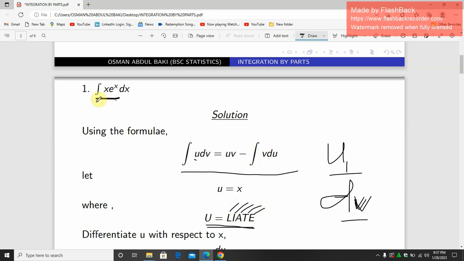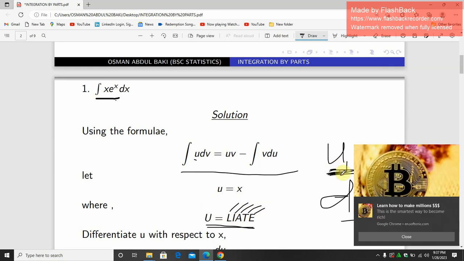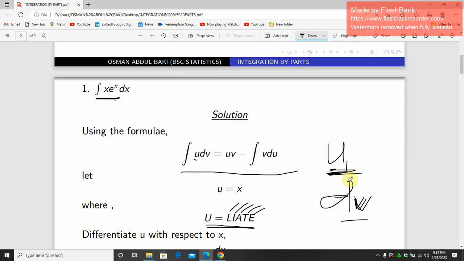So from the question they give you, you must define your u. Also, you must define your dv.